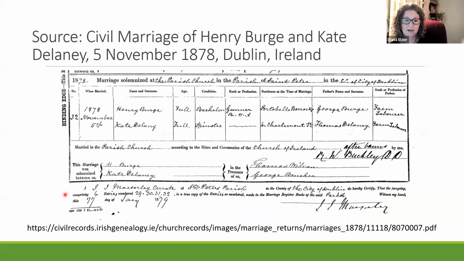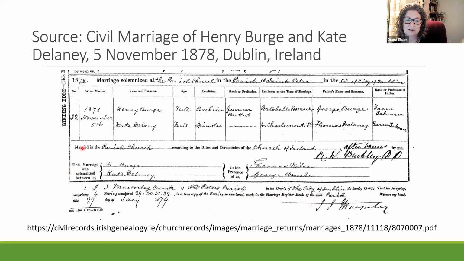And then down here at the very bottom, you can see that it talks about how this person of St. Peter's Parish in the county of Dublin hereby certifies that the foregoing comprising 4 entries, numbered 29, 30, 31, and 32, is a true copy of the entries so number made in the marriage register books of the said parish. Okay, so he's making a copy and he's sending it on.